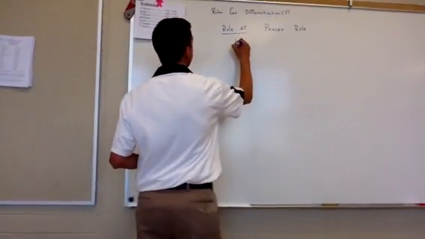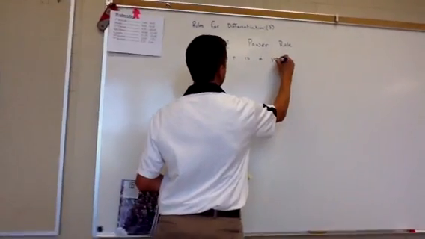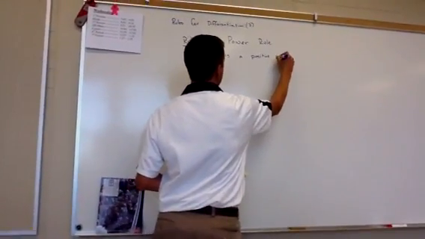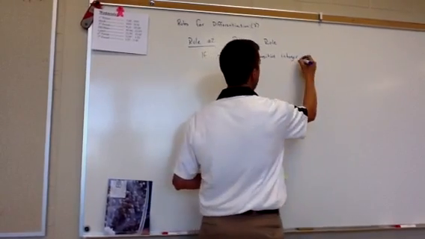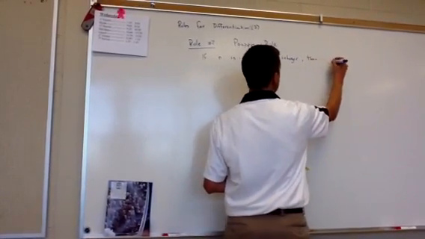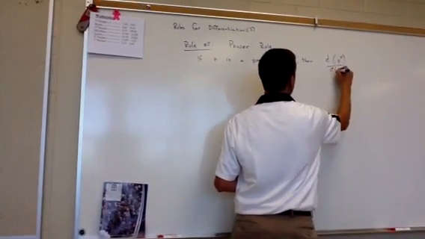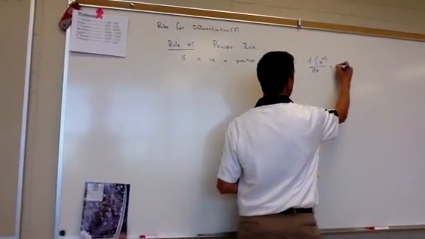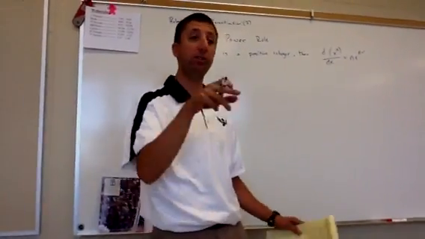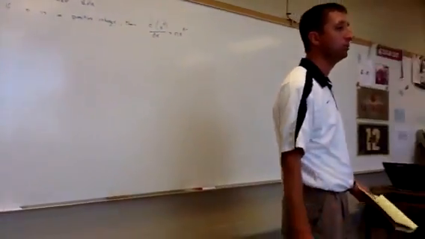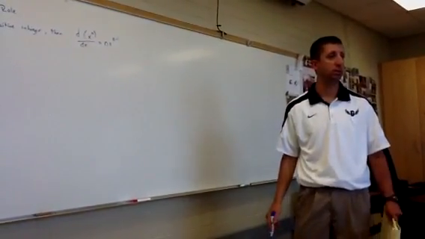Basically, if n is a positive integer, then the derivative of x to the n with respect to x is equal to n times x raised to the n minus 1. That's the shortcut that most of you have been using. Okay? That's the shortcut that most of you have been using.